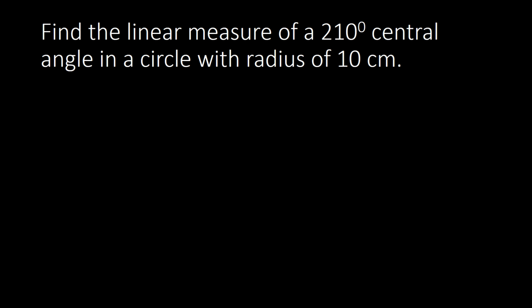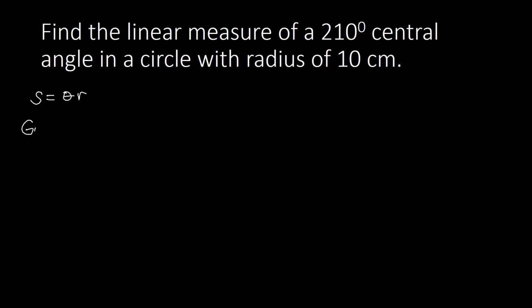Knowing that the relationship between the linear measure and the angle measure is S equal to theta r, wherein S stands for the arc length, theta stands for the angle measure, and r stands for the radius.